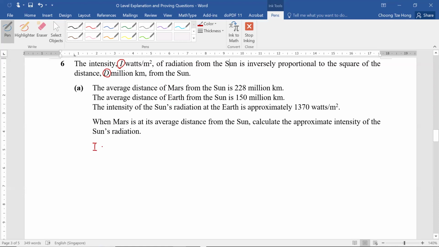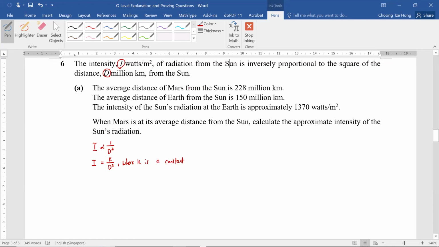I is inversely proportional to the square of the distance D. So the equation would be I equals K over D squared, where K is a constant. All right, so let's see what information they have, which will enable us to find K.